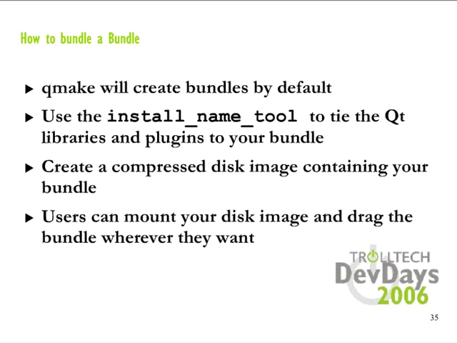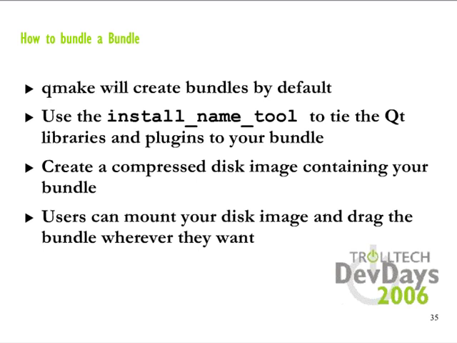So how do we get Qt in there? Because by default, if you build something, you will just have a subdirectory with your binary. And you can use the install_name_tool, which is shipped with the macOS X SDK, to tie the Qt libraries and the Qt plugins to your bundle.